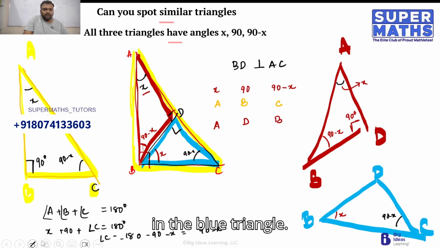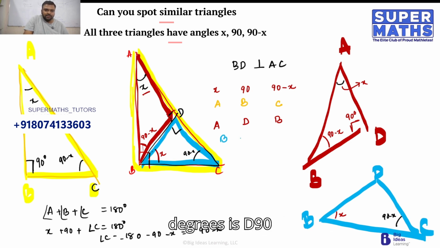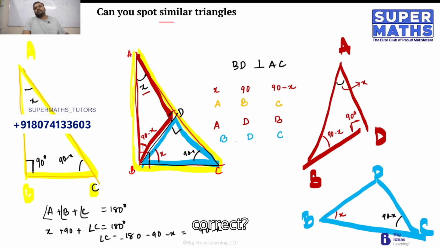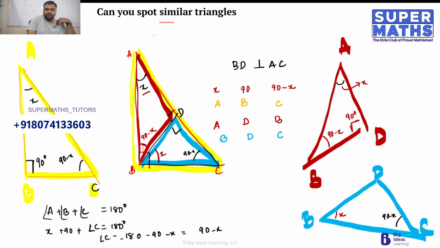In the blue triangle, X is b, 90 degrees is d, 90 minus X is c. Correct? So from this, what can you infer?